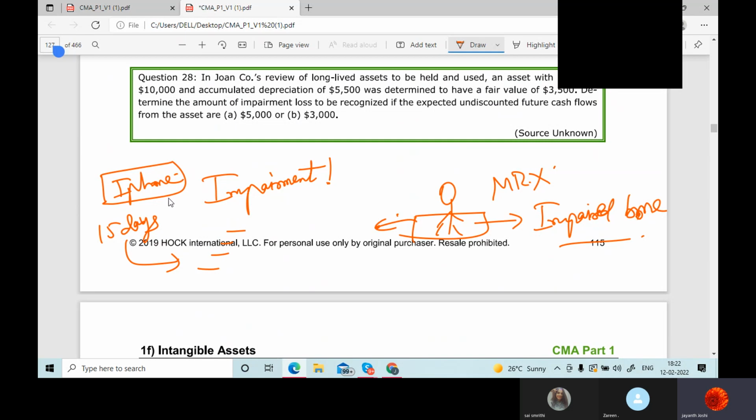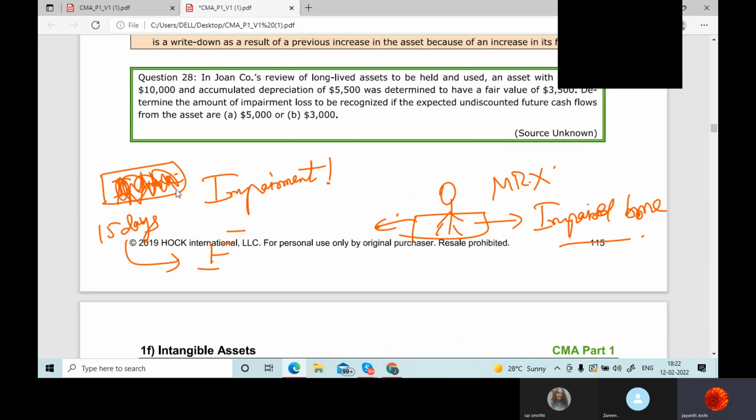You accidentally hit something, or the mobile phone slipped from your hands and fell down, hit the surface, and the screen of this phone now is broken. Correct? So this phone is nothing but an impaired phone now.